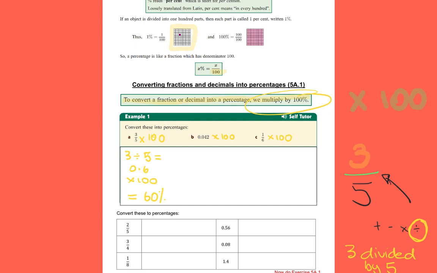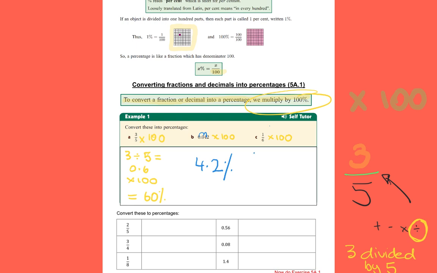Okay, so on your calculator, can you do 0.042 times by 100? You might not need your calculator to do that. You might go 1, 2, and end up with 4.2%. 1/6.